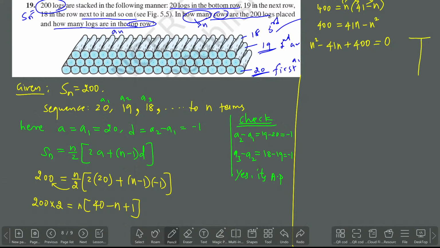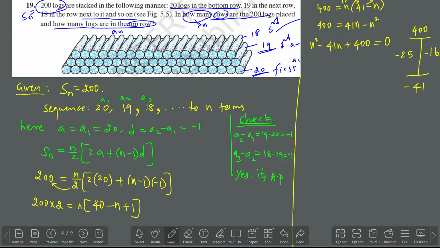Then I'm going to do factorization. What is it? 400, some value I should get, minus 41: minus 25, minus 25, minus 16. When I give negative for both, then only I will be getting the product in positive. Addition I should get in negative only. Then no problem. Very good.